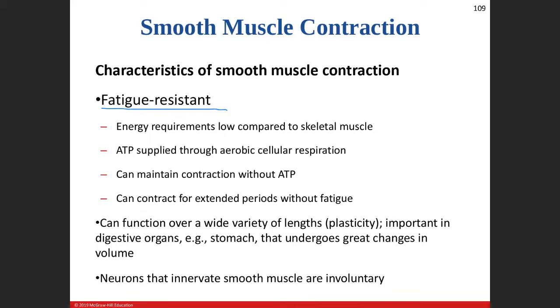So it can actually hold its contraction without ATP for an extended period of time. If you think about it, your stomach is constantly going to be churning, especially after a meal. It's going to be mixing and contracting and relaxing and turning that food, and eventually it's going to pump it out, okay? That's going to be important, especially in the digestive tract.